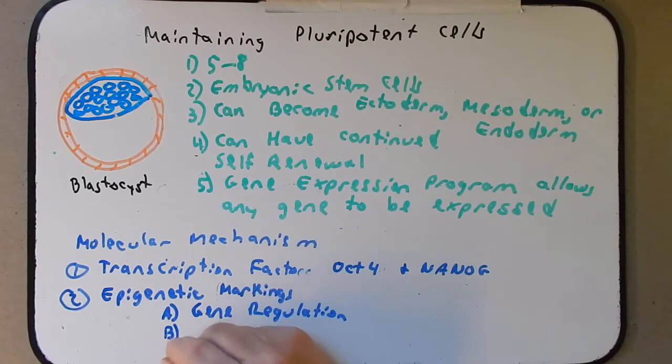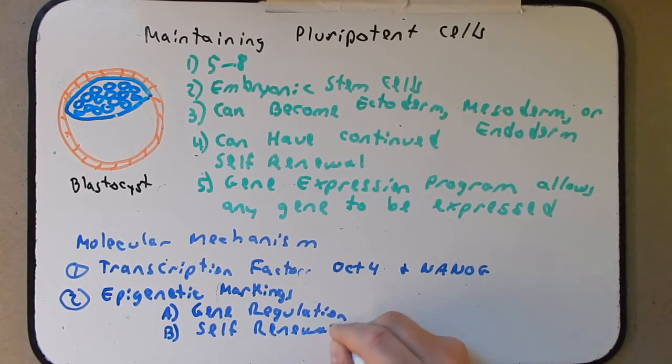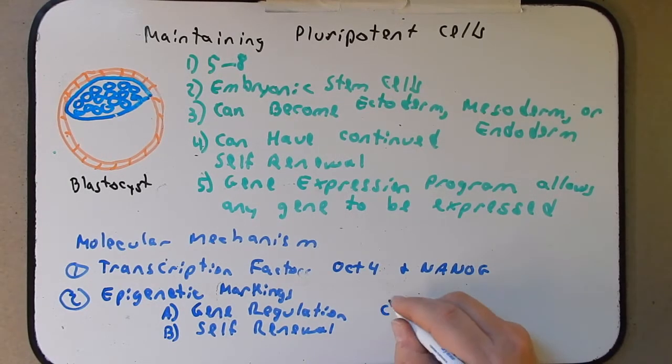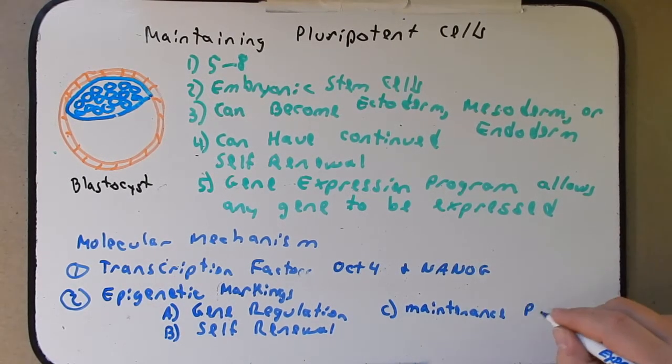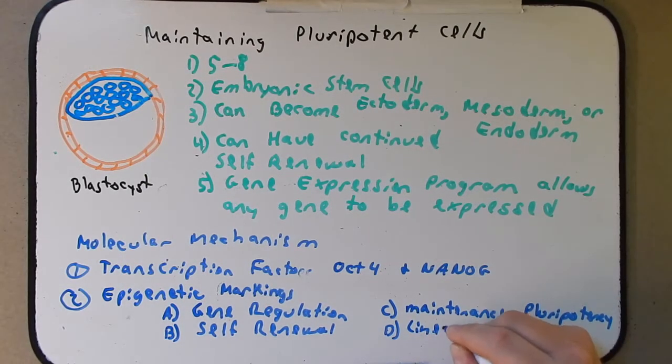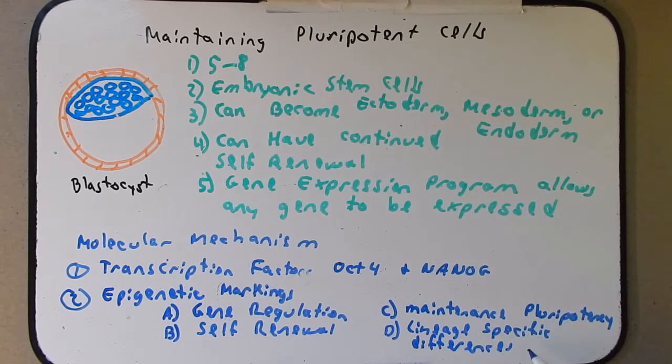They help explain the self-renewal of this population of stem cells, the maintenance of pluripotency, and lineage-specific differences. What I mean by lineage-specific differences is that as these cells differentiate into ectoderm, mesoderm, and endoderm, and become further differentiated into specific cells, epigenetics can explain how certain cells are destined to become specific cells, like the neuron or blood cells.